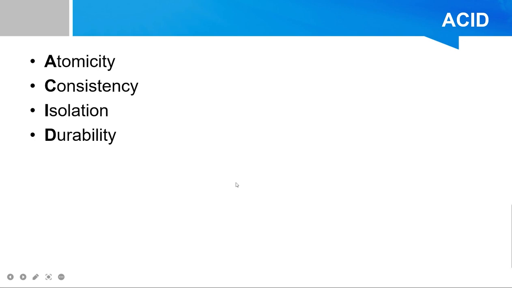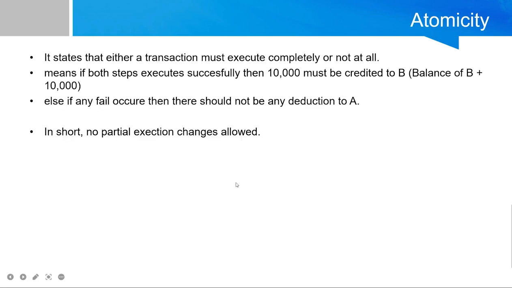Now moving to the first property, atomicity. Atomicity states that a transaction must be executed successfully or not at all. It should not perform some changes during execution but not commit them fully. In the previous example, after a successful transaction, account B must have been credited 10,000 rupees.